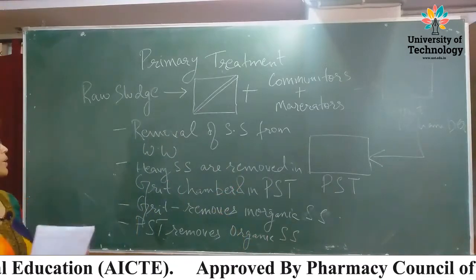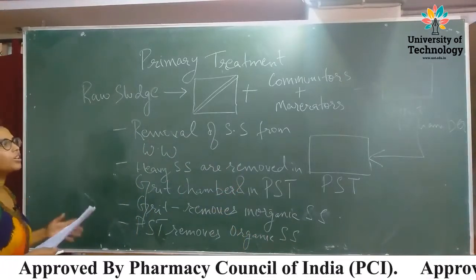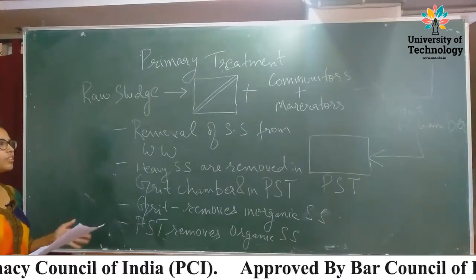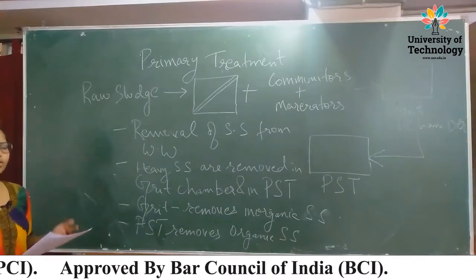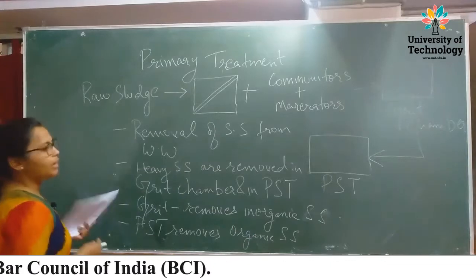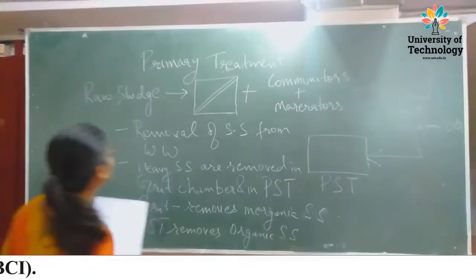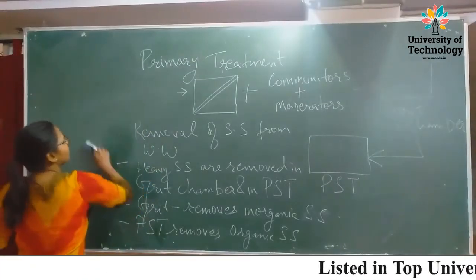This whole process of primary treatment removes 30% of the BOD and 60 to 70% of the suspended solids. So this is our primary treatment. Next we come to our secondary treatment.